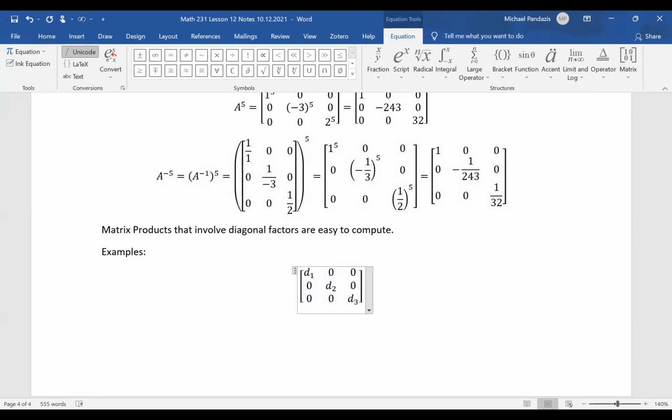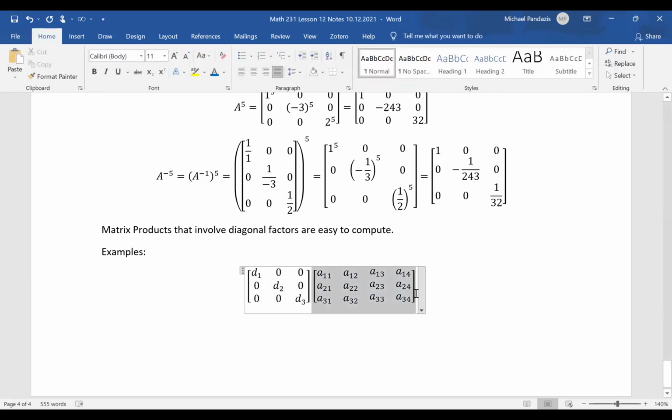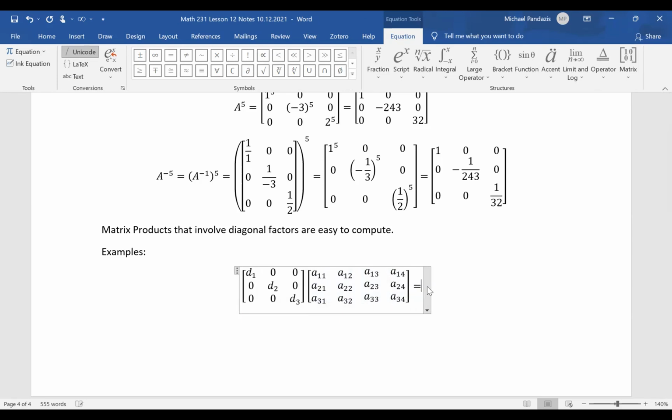You left multiply it by an original 3 by 4 matrix, A11, A12, A13, A14, which is just a representation of a general 3 by 4 matrix, with rows A sub 3(1) through A sub 3(4).